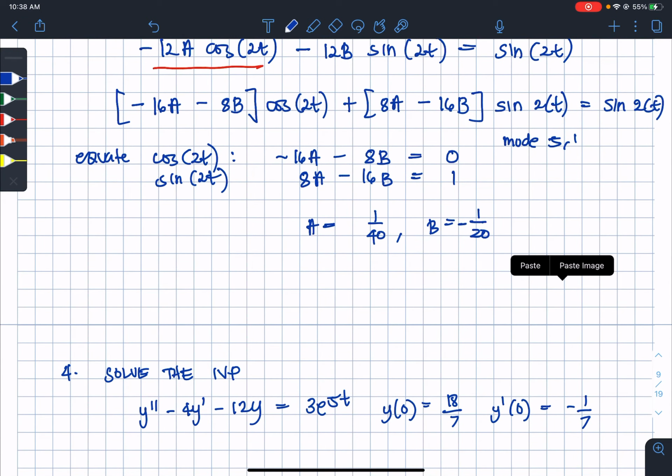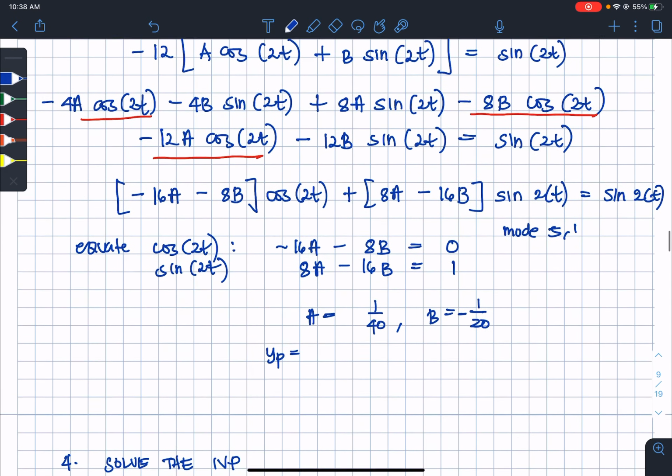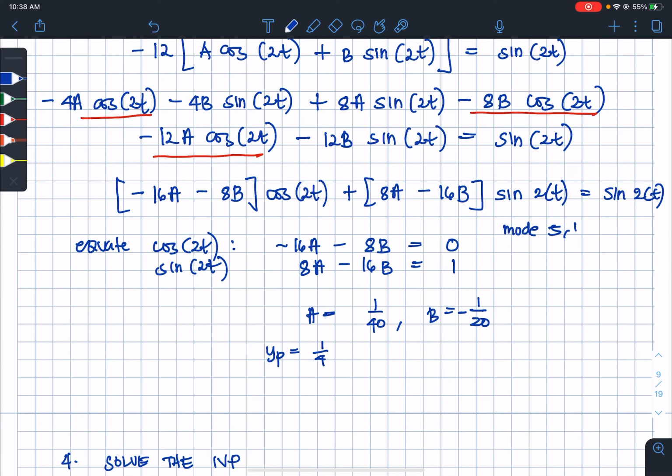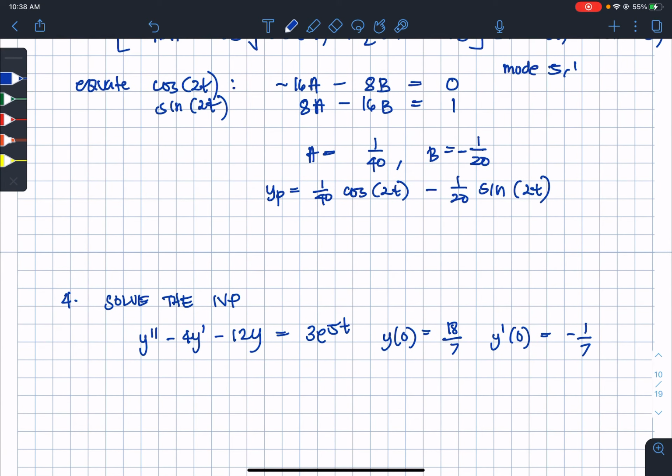So from there, we can now have our y of p to be equivalent to a cosine 2t plus b sine 2t. So a is 1 over 40 cosine 2t, then minus 1 over 20 sine 2t. And from there, remember that our general solution is equal to y of c plus y of p.